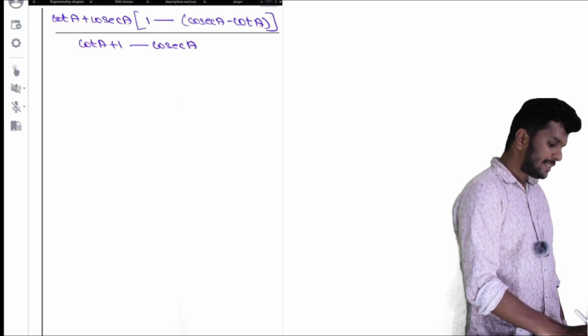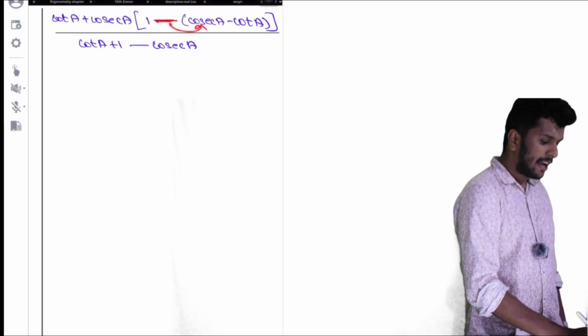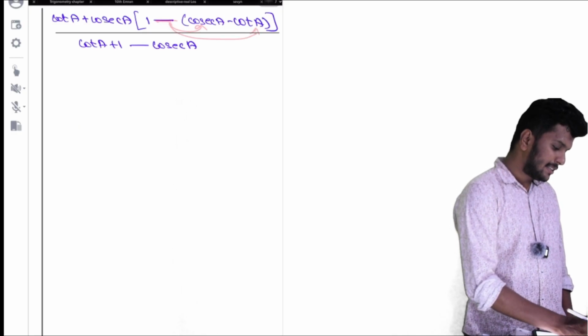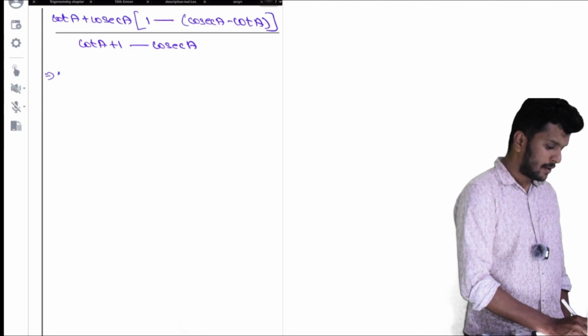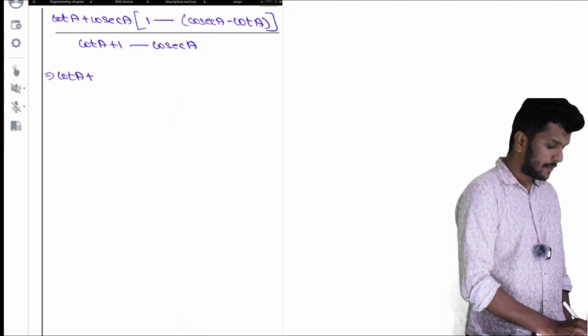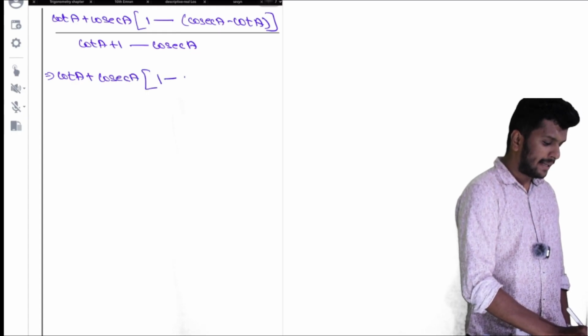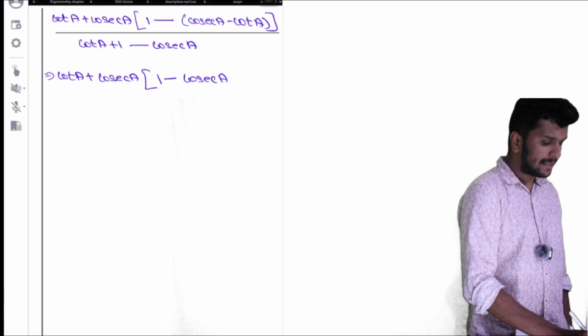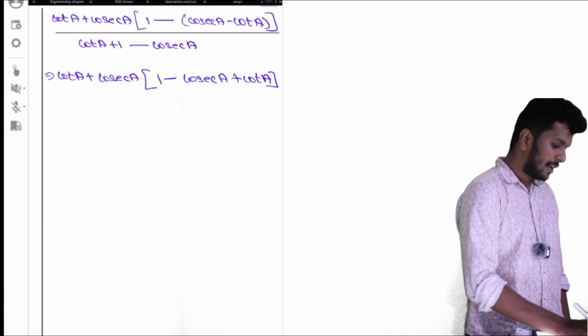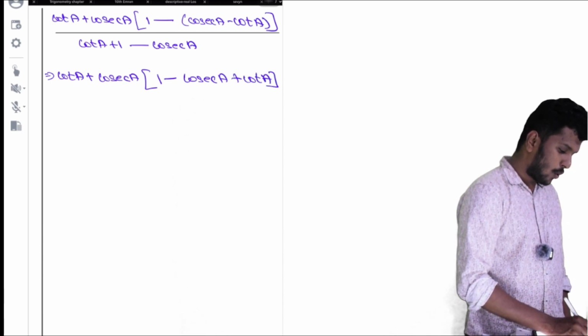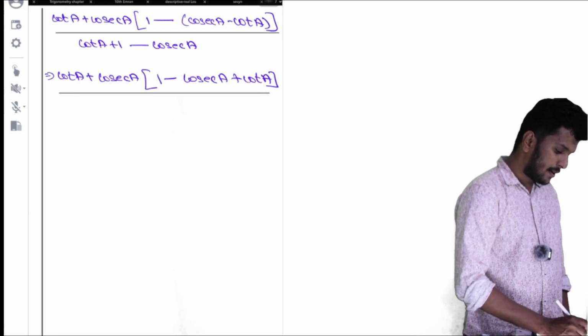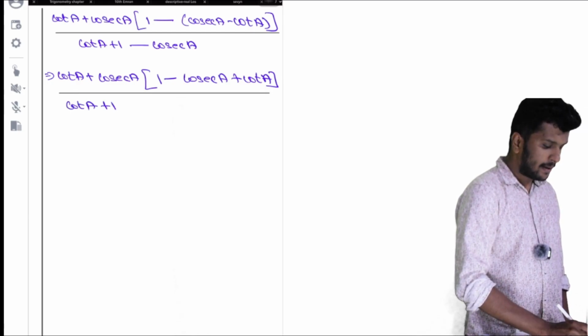Now what to do? With this negative, you have to multiply every term inside the bracket. So that implies cot A plus cosec A into (1 minus cosec A plus cot A), whole divided by cot A plus 1 minus cosec A.